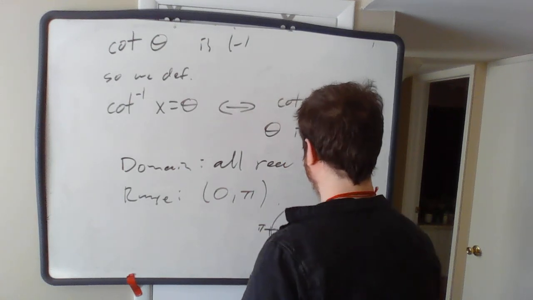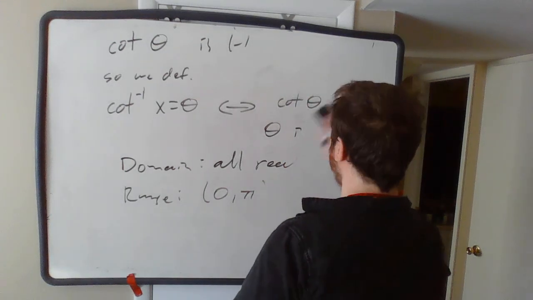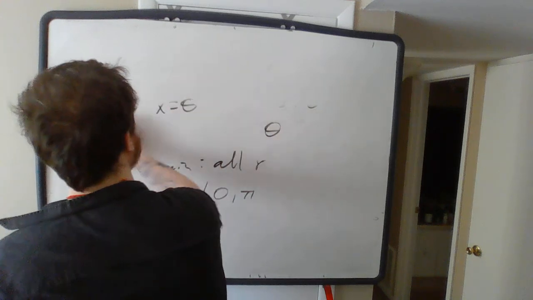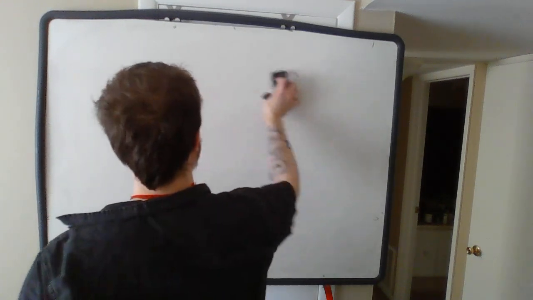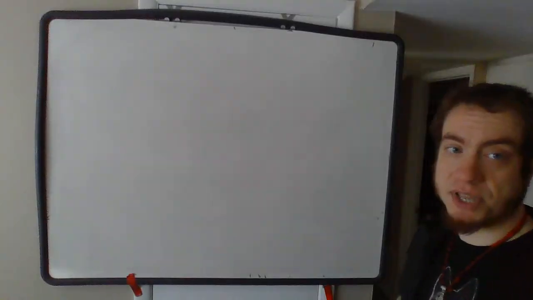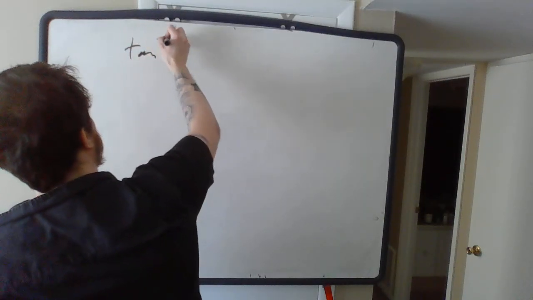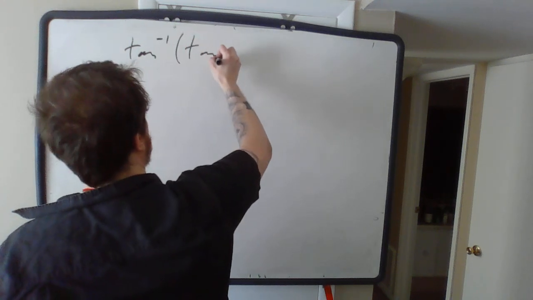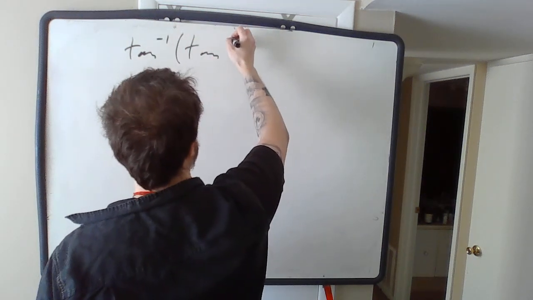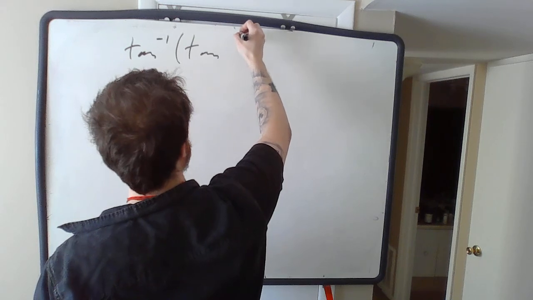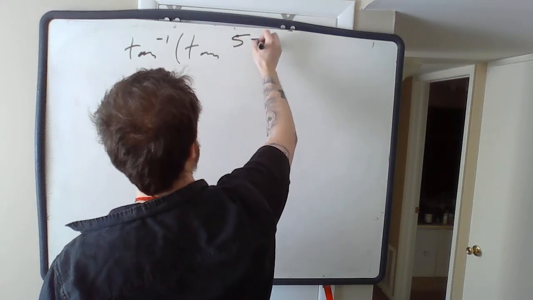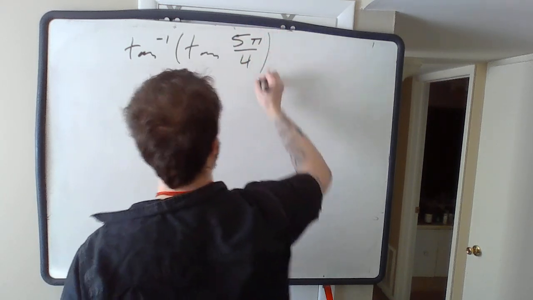Now, just like we did last time with sine and cosine, there are some subtle things that you have to worry about. For example, suppose that I wanted to do inverse tangent of, let's say, 5 pi over 4.